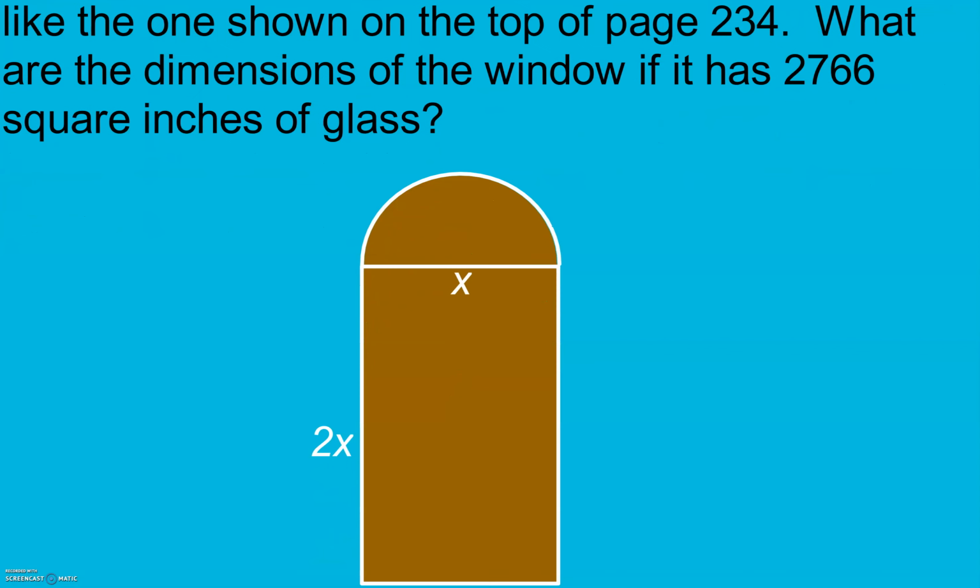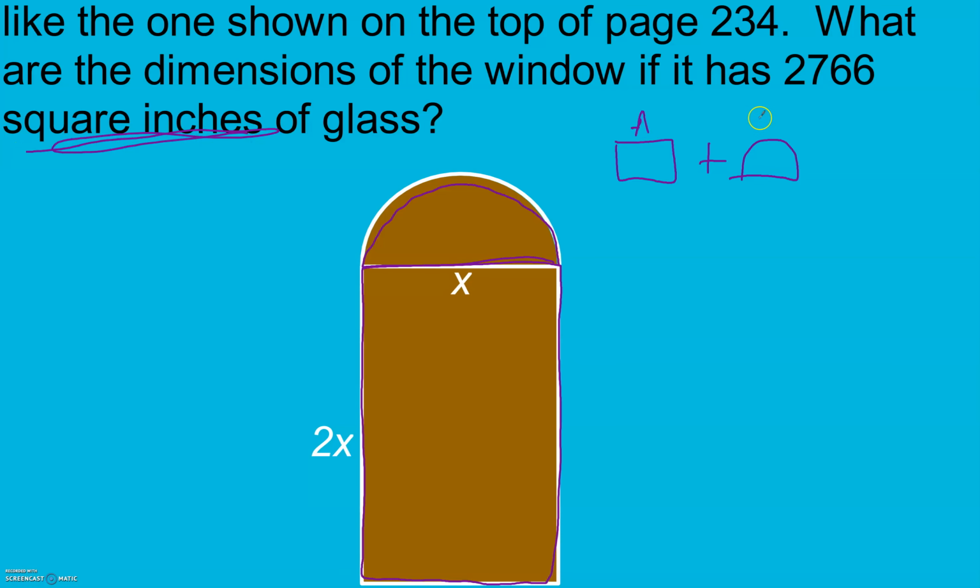So I have a sketch here similar to the picture on the top of page 234. And if we look here, we can see that we actually have two figures. We have a rectangle, and we have a half circle or a semicircle. And we know that their areas, okay, we're talking square inches, which means areas.